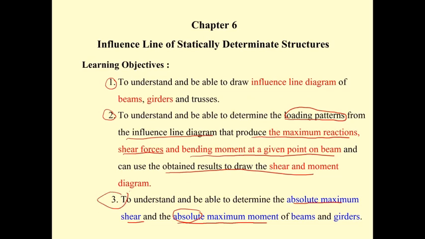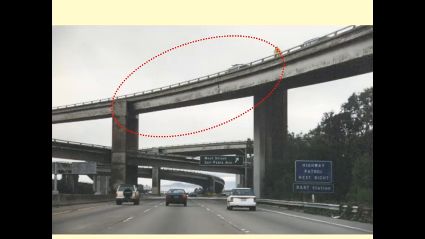The benefit of learning the influence line of statically determinate beams and girders is to use the result to design structures subjected to moving loads, such as bridges, such as cranes. Okay, let's see. This is an example of a bridge that links between the pier from the left and to the right. You can see the car is here.